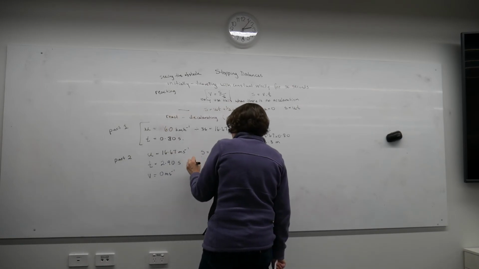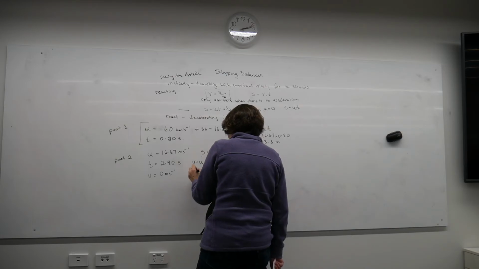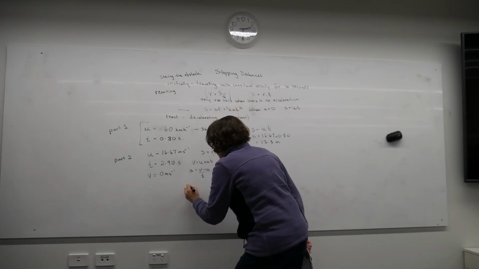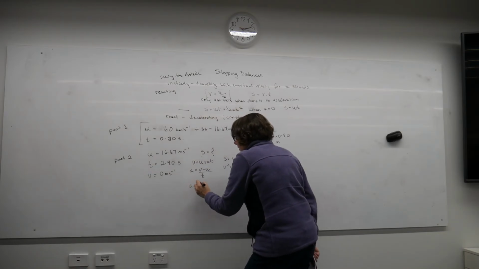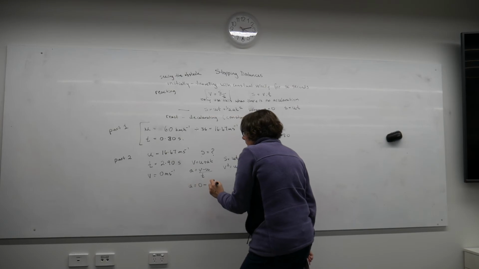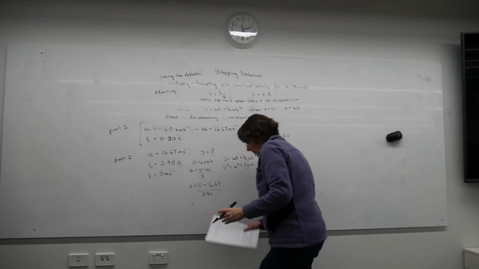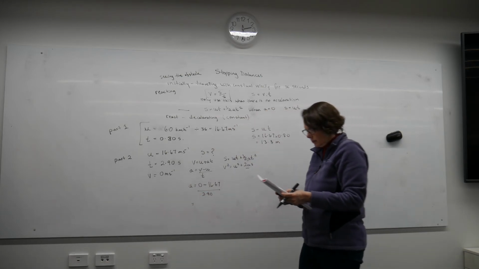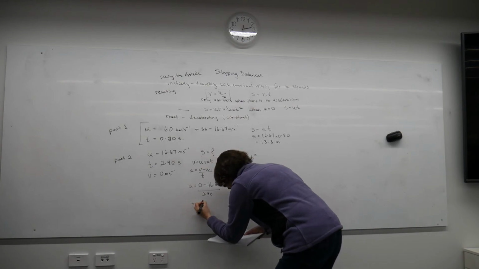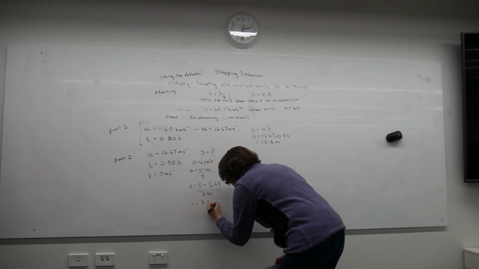And we can use v equals u plus at for that. So a will equal v minus u on t. a equals 0 minus 16.67 on 2.90 seconds, which according to the booklet is minus 5.76 metres per second squared.